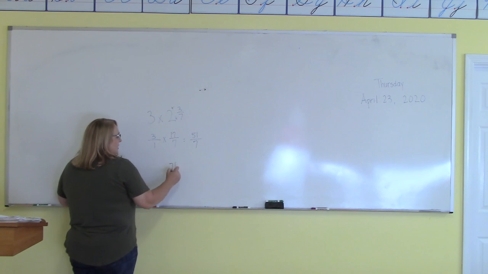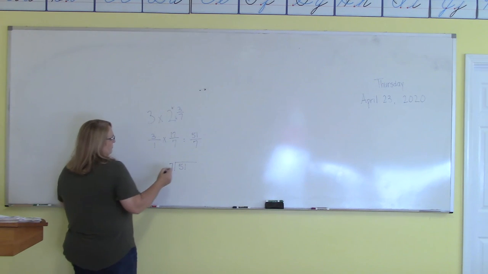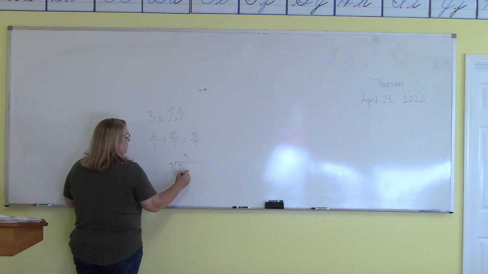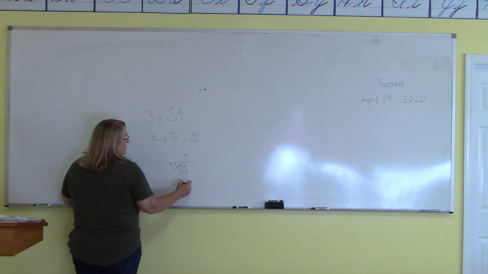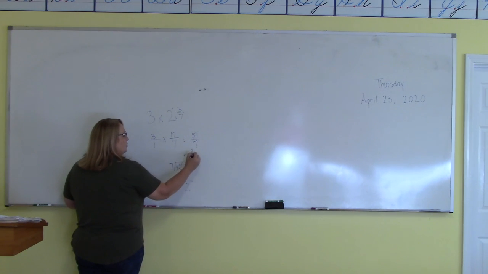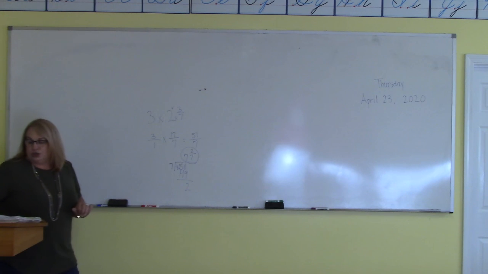So we divide 7 into 51. 7 will go into 51 7 times. 7 times 7 is 49. Subtract it out. 51 minus 49 is 2. We're taking this remainder and making it our numerator, and this is our denominator. So our answer is 7 2/7.